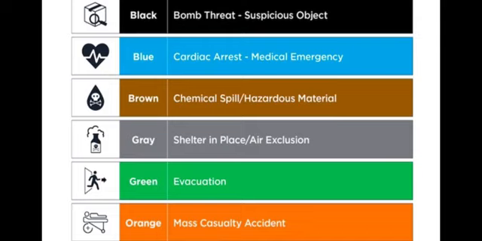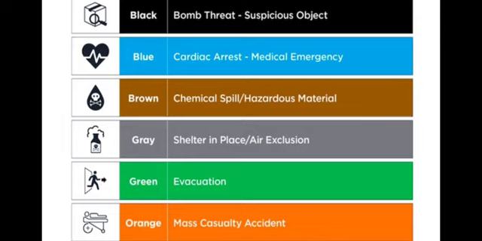Brown: chemical spill, hazardous materials, the hazard sign is near this. Gray: shelter in place, air exclusion, you can see it in the sign as well. Green: evacuation, you can see the sign. Orange: mass casualties, you can see the stretcher sign in this as well.